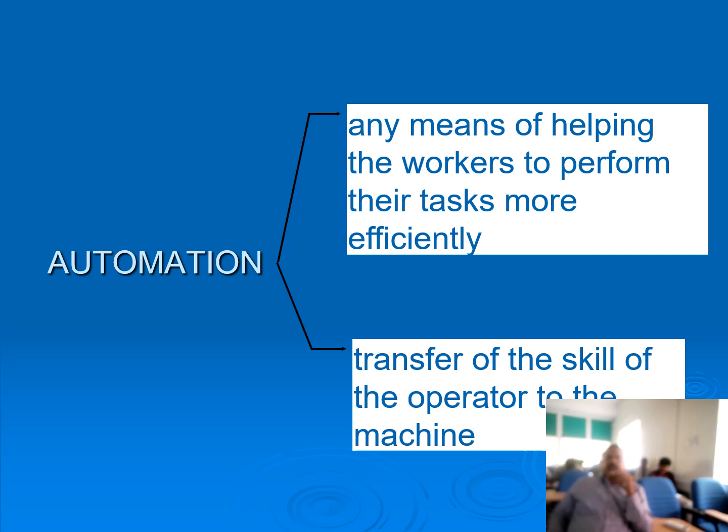And that is again the transfer of the skill of the operator to the machine. Whatever the skill level the operator has, we have to transfer it to the machine. That is obtained by this automation.